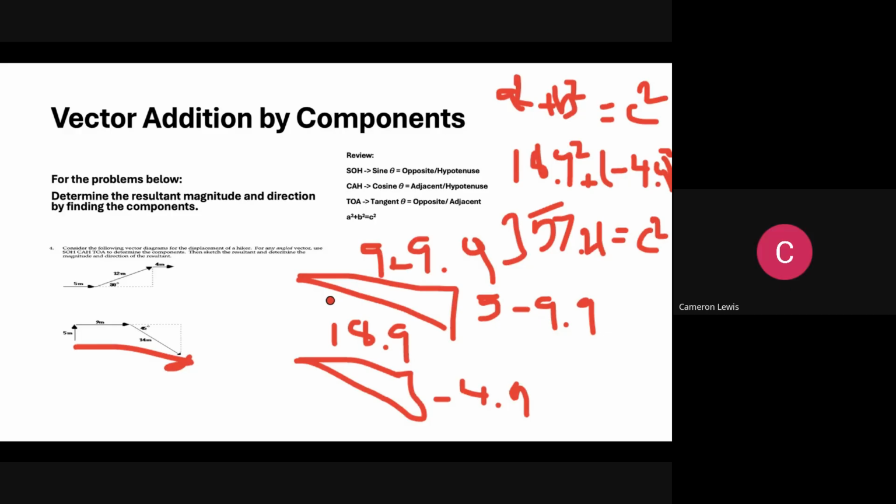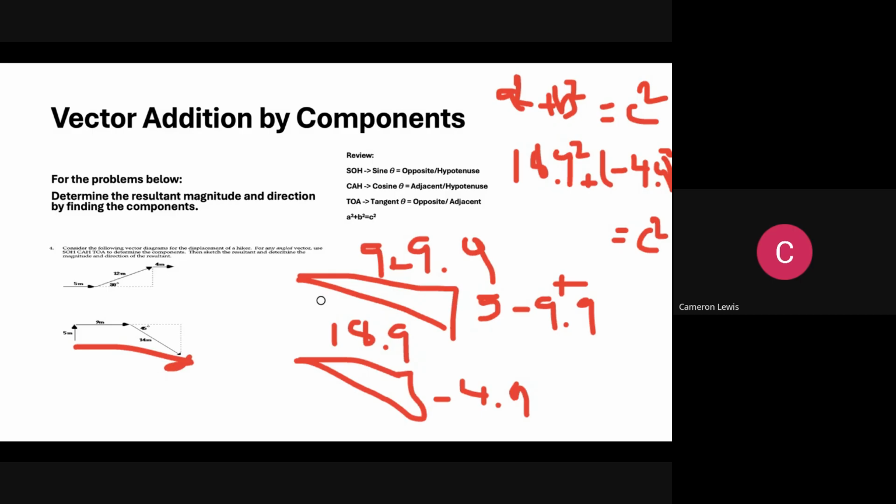This is sloppy. It's 357.21 plus... I'll just do the total so I don't go crazy.